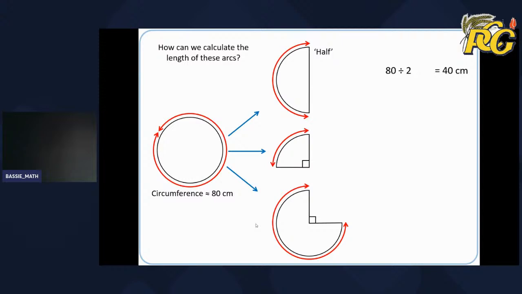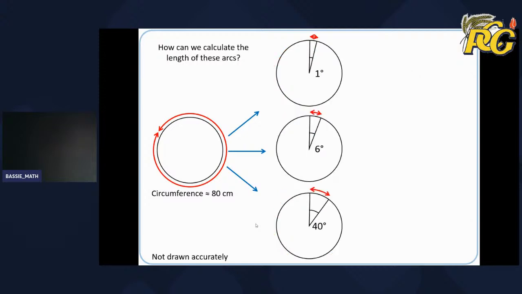Since that's a quarter of a circle, divide the circumference by 4, and you get that. Since this is 3/4 of a circle, you divide the circumference by 4, and then you multiply it by 3, and you get the length of the piece of arc there.